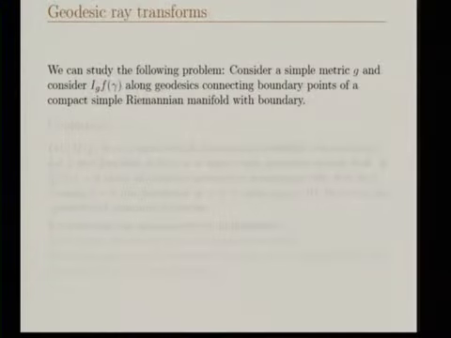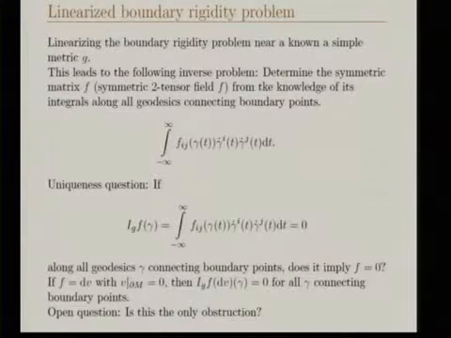Okay, so symmetric 2 tensor fields are hard, so let's consider a simpler version of it, which is the geodesic ray transform. So what is the geodesic ray transform? The geodesic ray transform is you replace this f here by a function, right? And Professor Jan Boman, he did Radon transforms. The Radon transform in 2 dimensions is the X-ray transform.